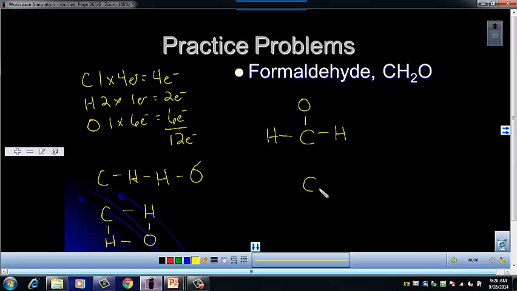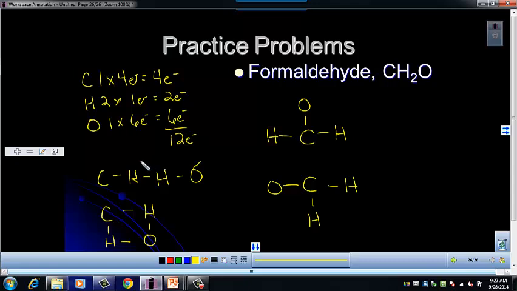Sometimes I will see this. So which structure is correct? There are lots of different ways you can kind of hook these different atoms together. Remember to try to think of the fact that it's going to have a central atom.